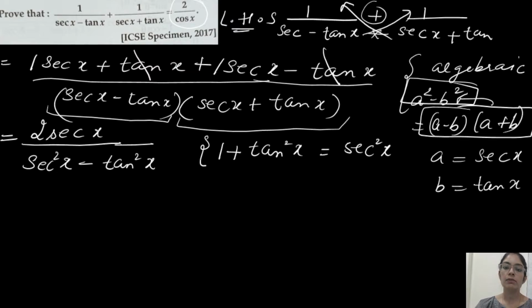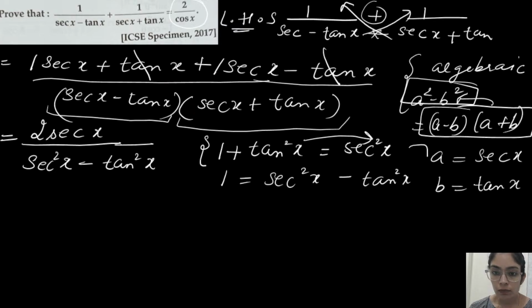This is what we learnt while giving the introduction. So here if tan square we shift to the other side, I'll get 1 is equal to secant square x minus tan square x. So we are just using this relationship differently. Tan square shifted to the other side becomes minus tan square, and this is the same term which I have in the denominator. Secant square minus tan square is equal to 1.